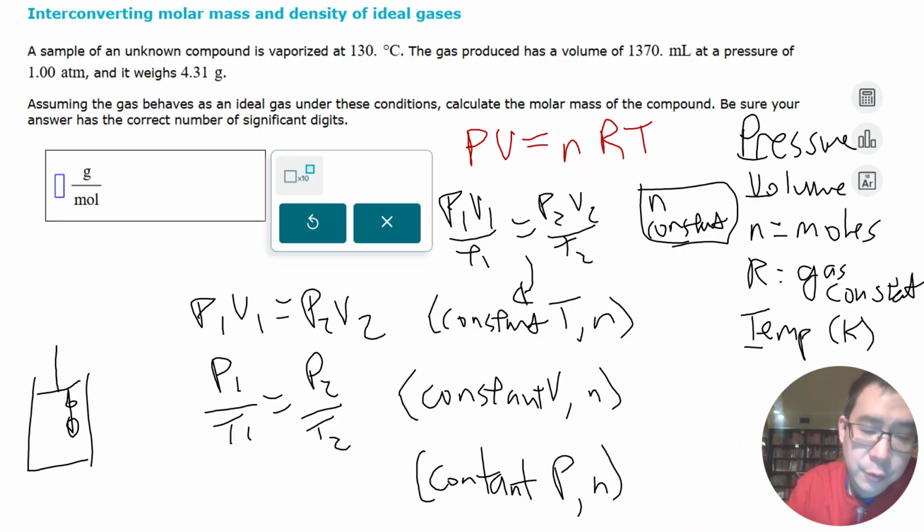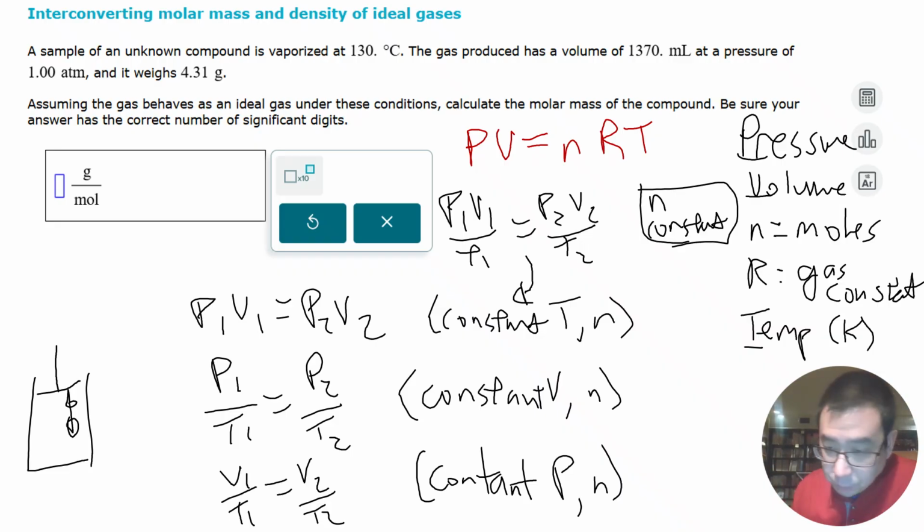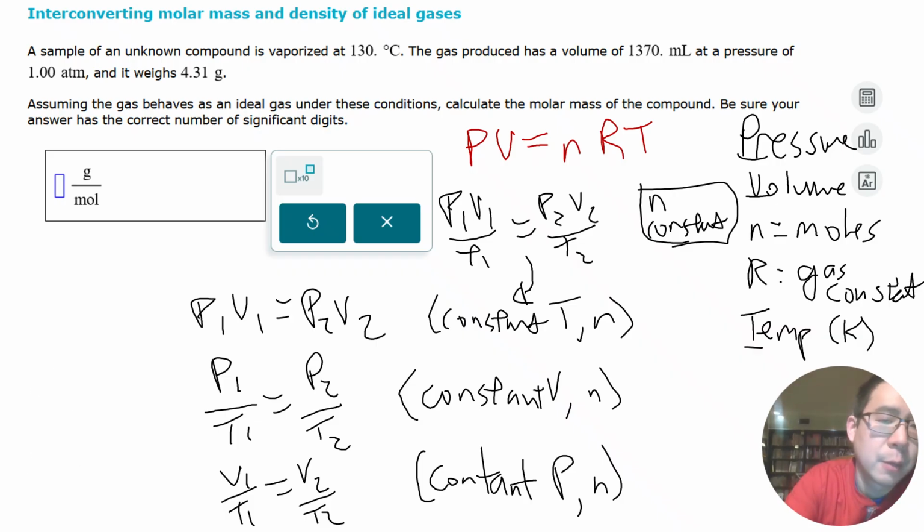The pressure is constant, but the volume can change, and we get V1 over T1 equals V2 over T2. Okay, so we've done examples of those, and we're not going to do more examples right now. Right now, this is just like the 3-minute review. Right now, I'm going to erase all this stuff, and we're going to look at the problem.